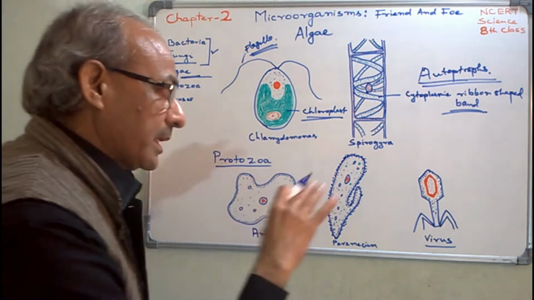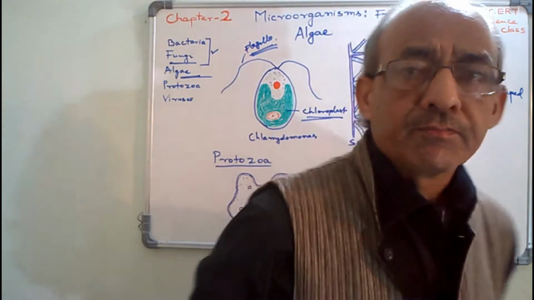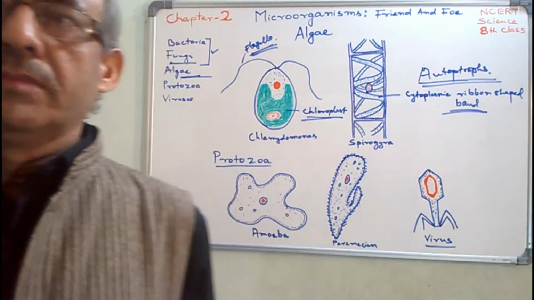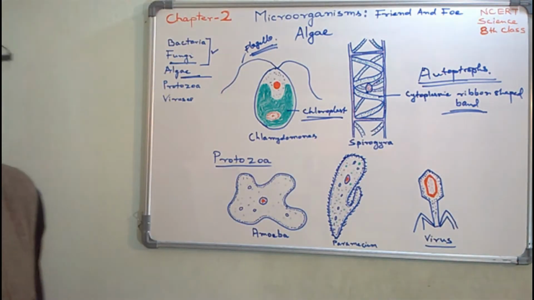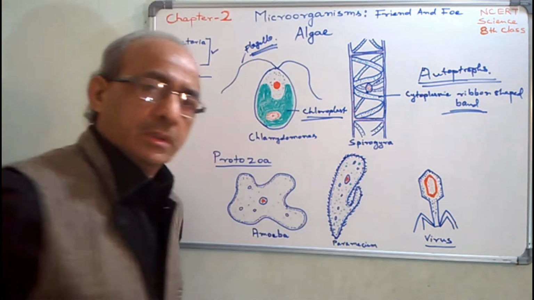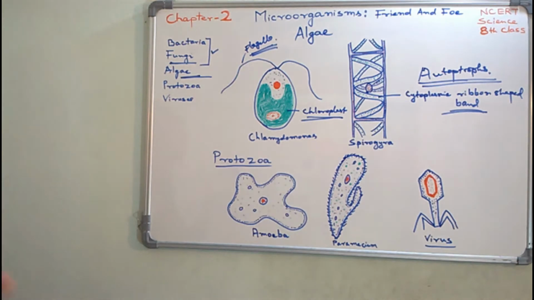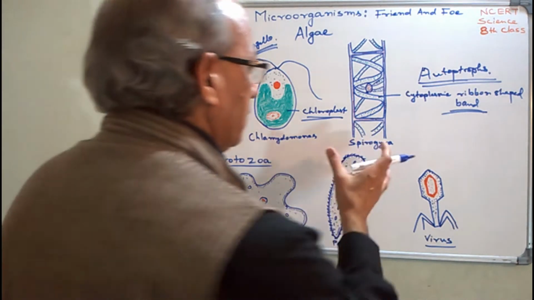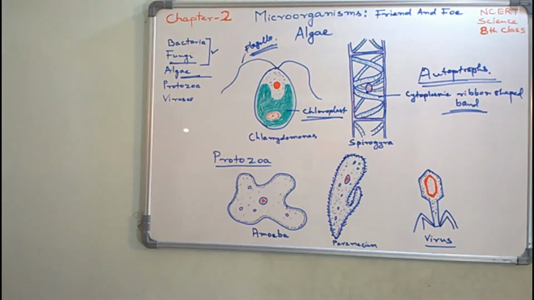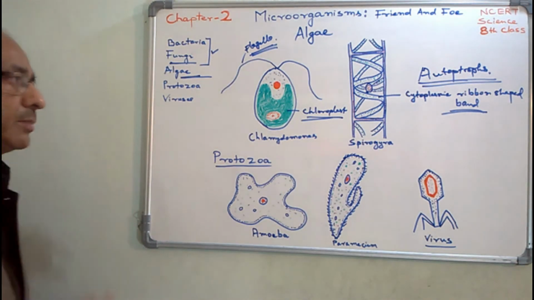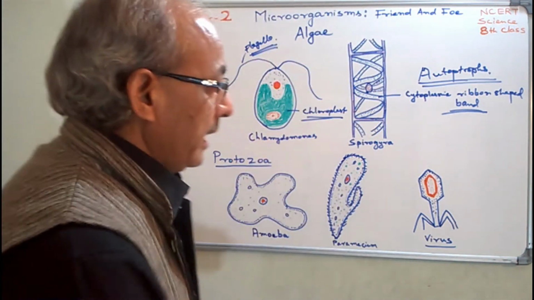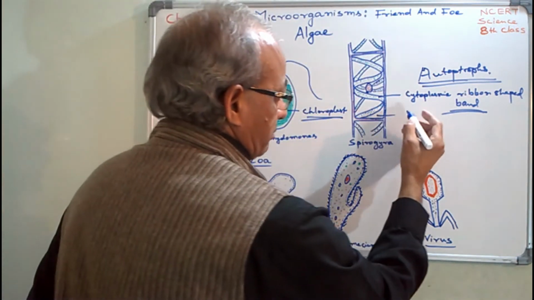Spirogyra are also microscopic, but when they are present in large number, the water of the pond becomes bright green. Actually, their body color is bright green due to the presence of the chloroplast. And these are the vacuoles.